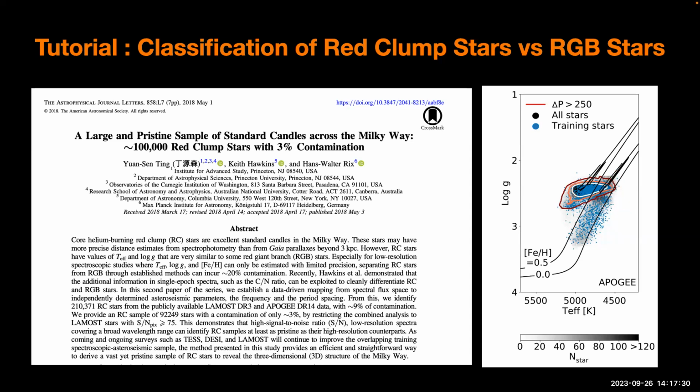It turns out that you can do slightly better, even with a few lines of code. Here we actually use the neural network, but it's the same idea. Even a logistic regression would have gotten you maybe 95 or 99% of the performance. So I want to find a linear boundary that separates out the red clumps from the RGB stars.